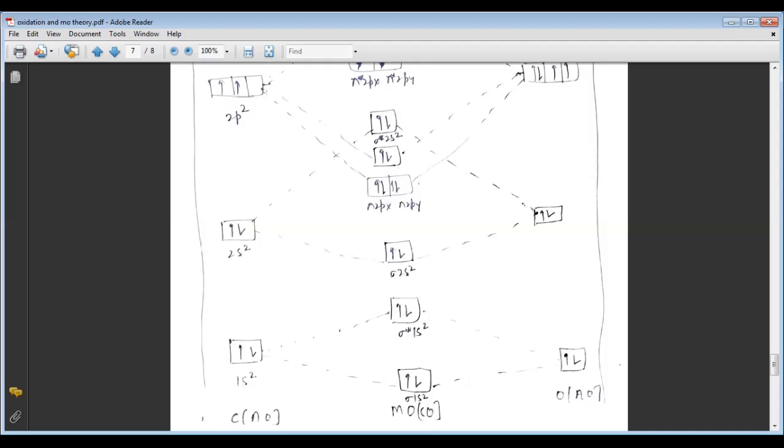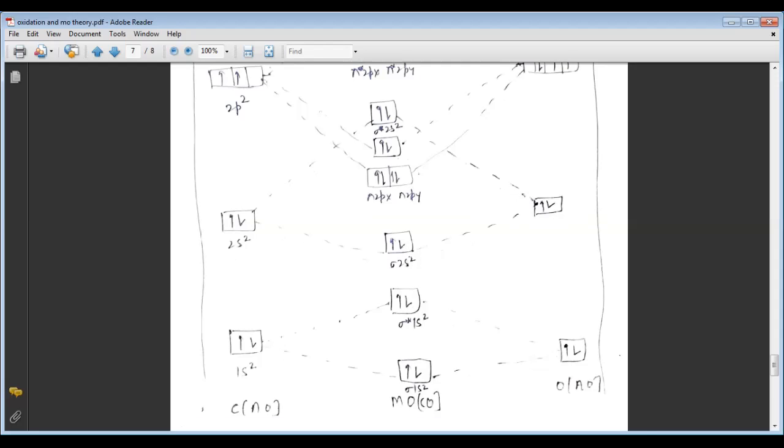So sigma star 2s2 has a higher energy in comparison to both molecular orbitals. Now we can fill the total of 14 electrons: 2 plus 2, 4, 6, 8, 10, 12, and 14. This is the arrangement of the electrons.